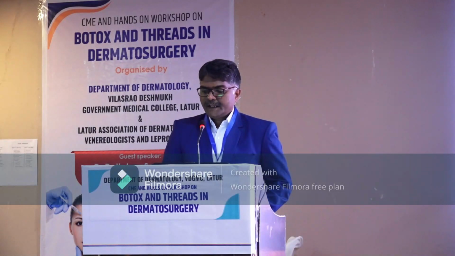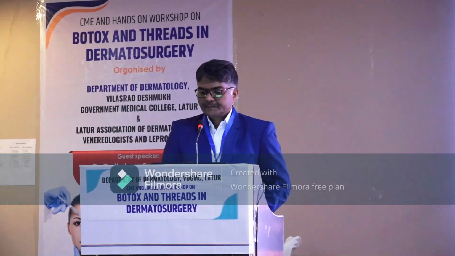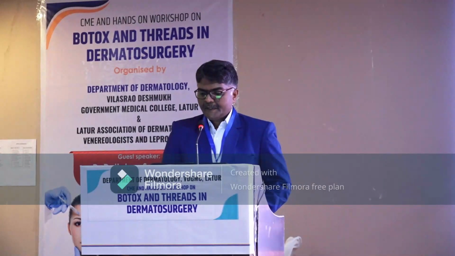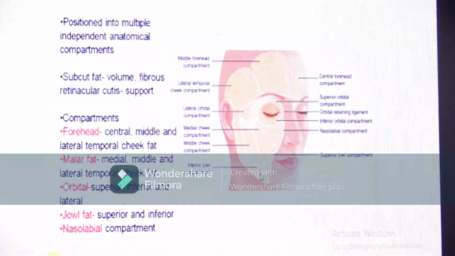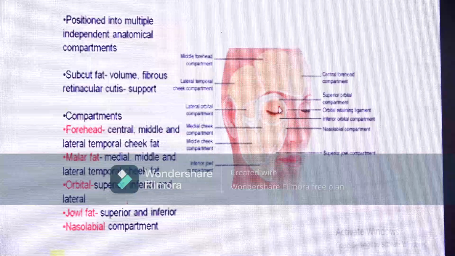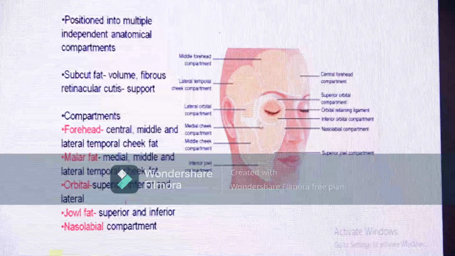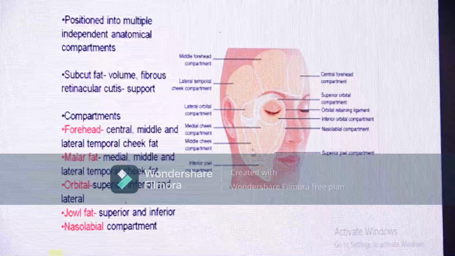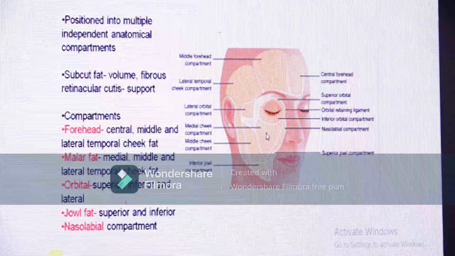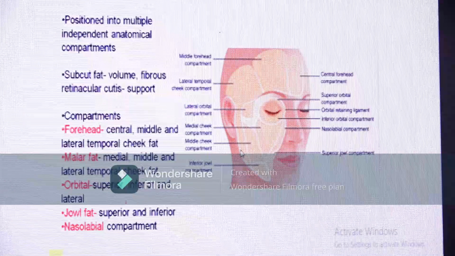The forehead has central forehead compartment, then middle and lateral temporal cheek compartment, the nasolabial compartment, then superior jaw and inferior jaw compartment. In the orbital area, superior and inferior orbital compartments, lateral orbital compartment, and in the cheek area, medial cheek compartment, middle cheek, and again lateral temporal cheek compartment.